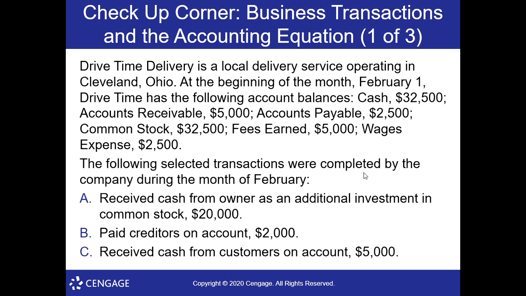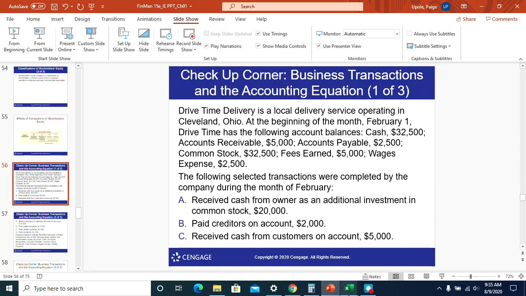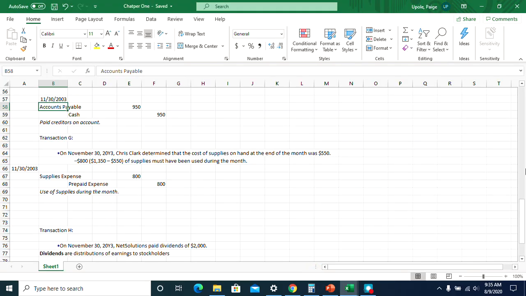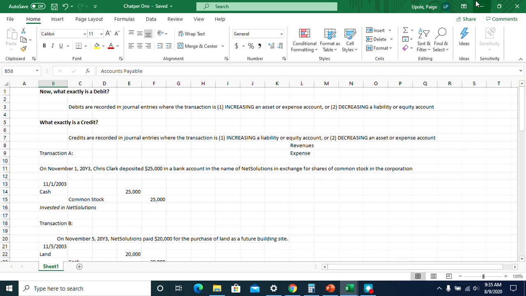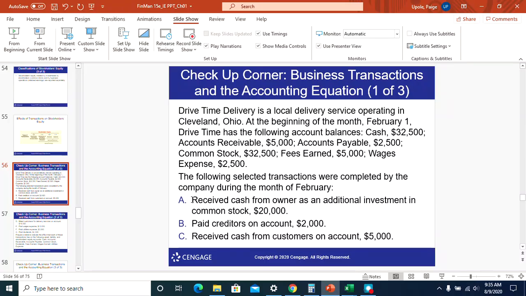All right, so here we have a checkup corner. These will be throughout all of the slides we'll go over this semester. I like to take the time to do them, of course, but more importantly, I want you to take the time to do them. This is extremely similar to what we just walked through in the Excel spreadsheet together. What the slides would like you to do is go through these transactions and decide what accounts they are impacting.